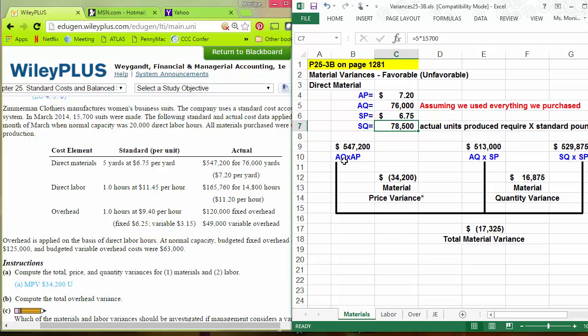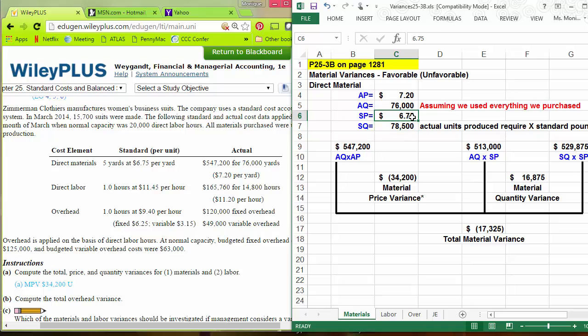And you'll notice here, when I multiply my AQ, my actual quantity, times my actual price, I get a grand total of $547,200. And then when I multiply my actual quantity times my standard price, I get $513,000. And you'll notice that the two variables that change between the two products are the AP and the SP.